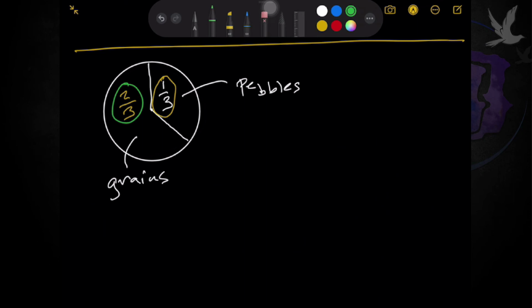Okay, ngayon, now that sasabihin sa inyo ngayon, there are, let's say, 45 pebbles. Walang total ha.